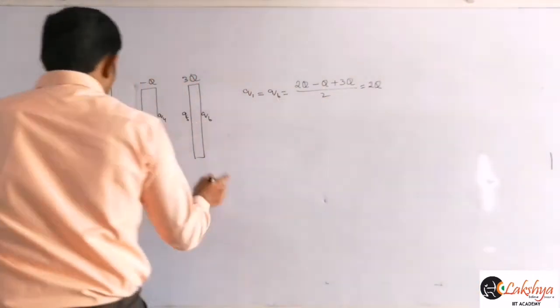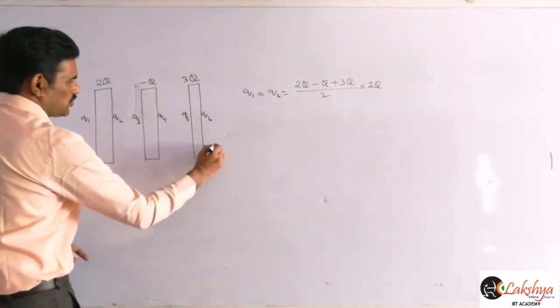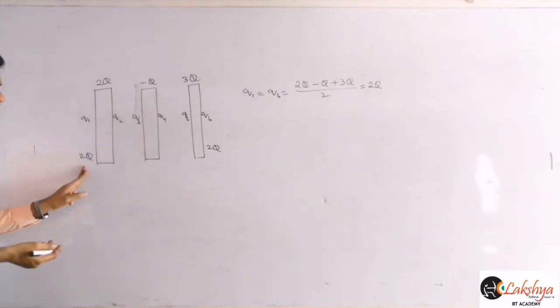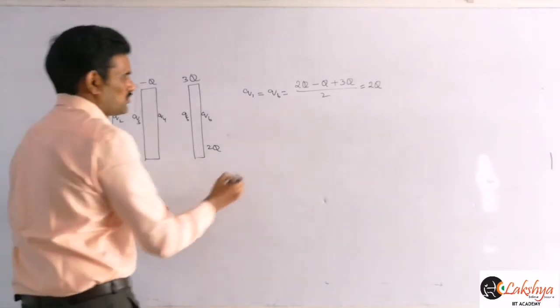I will write this final charge distribution here. 2q will be here and 2q will be here. That is the final charge distribution. Now if 2q charge is there, the sum of charges q1 plus q2 must be equal to 2q.